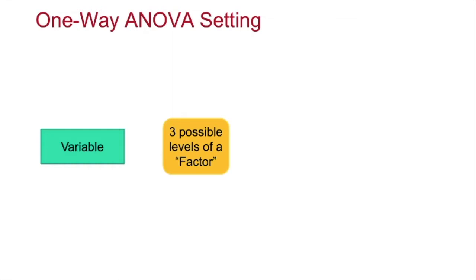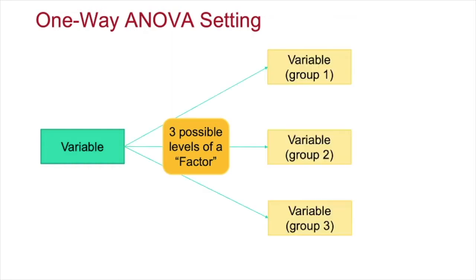And then all you have to do is think of the factor as dividing your sample into 3 groups. So for the first level of the factor, you make a subgroup. For the second value, you make a second group. And for the third value, you make a third group. And the question is simply, is the mean of the variable the same in all of the 3 groups?